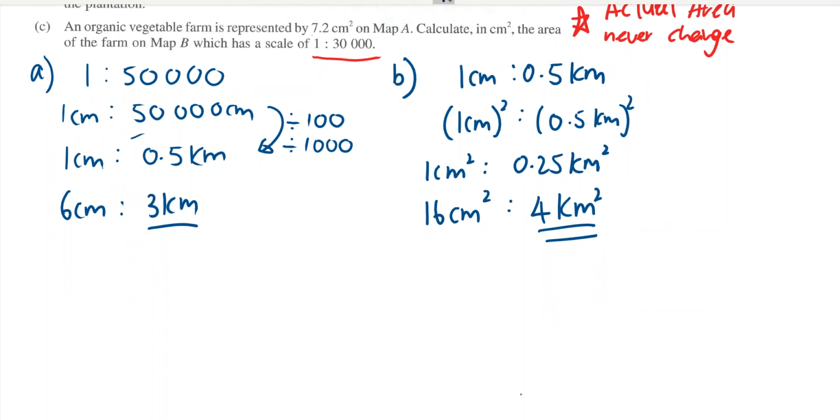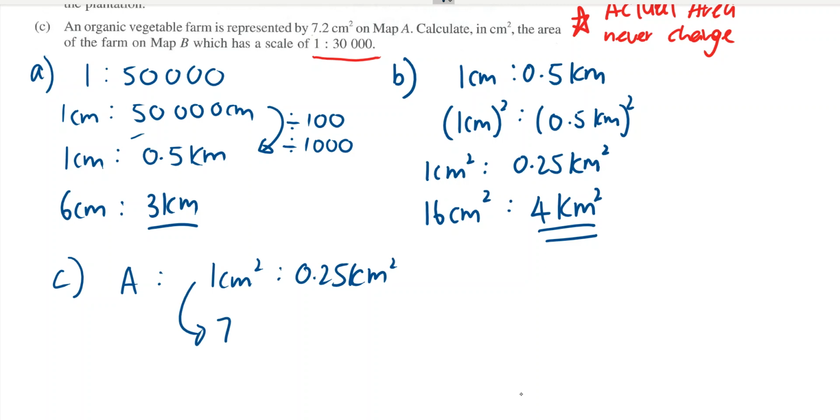So be smart, always know where your things are, and always know what things you will use. We are going to use cm square, which means the area scale. We need the area scale of map A. So for map A, the area scale is 1 cm square is to 0.25 km square.